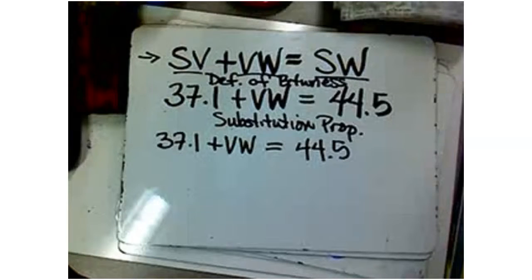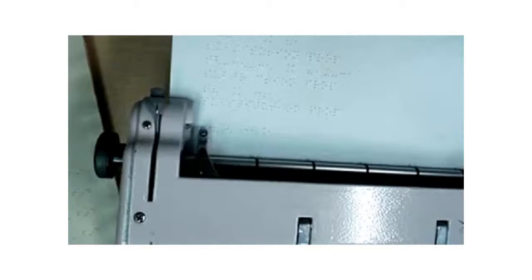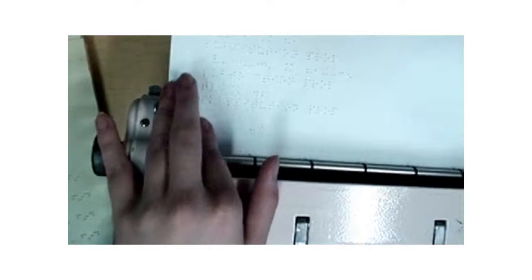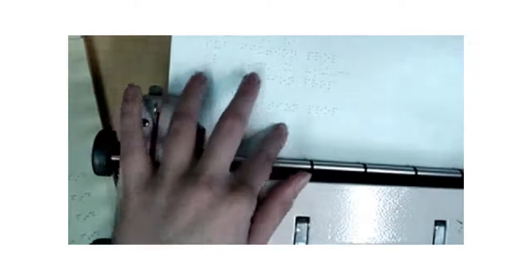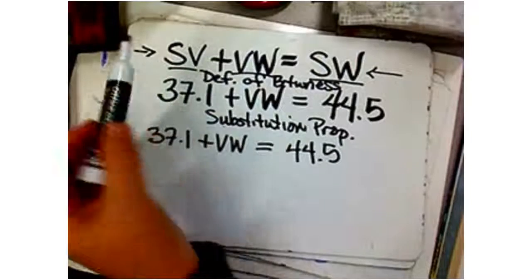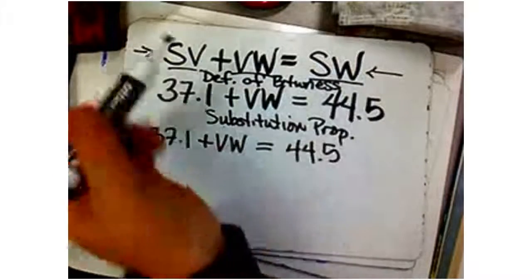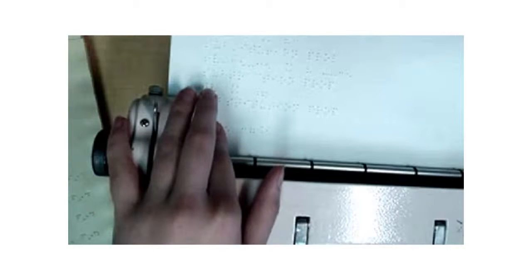So did you get that written down? Write down the numbers. SV plus VW equals SW. So then you substitute in the numbers where you can. So what does that look like?